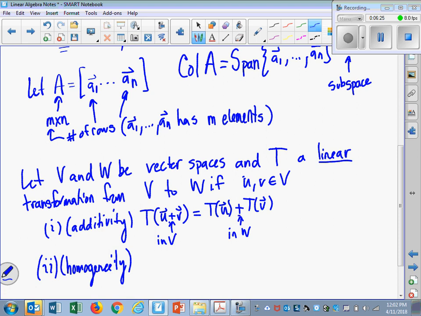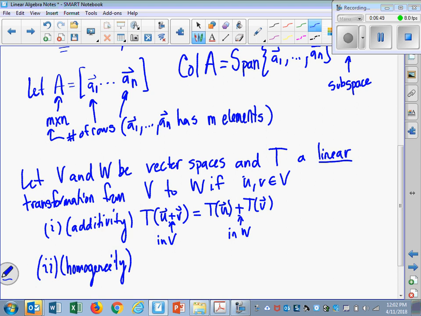Now, if these are just real vector spaces, then they're the same addition. But they could be abstract vector spaces where we might not be talking about real vectors. Maybe u and v are polynomials or something like that. We're talking about polynomial addition there instead of real vector addition like we did in multivariable.